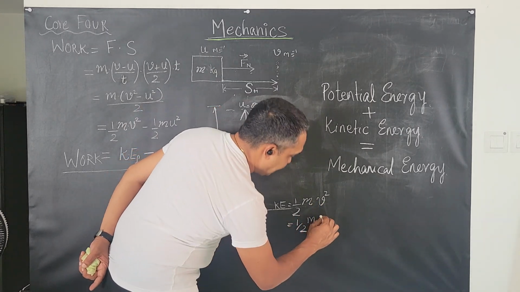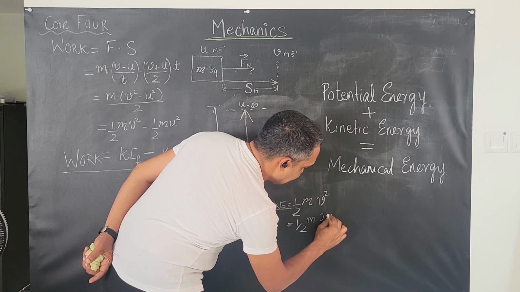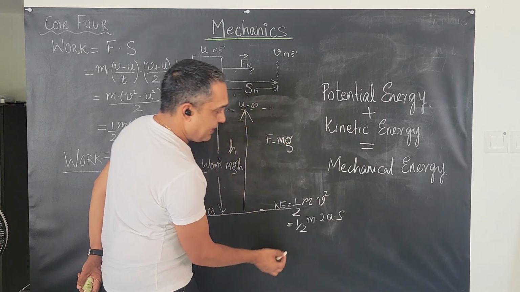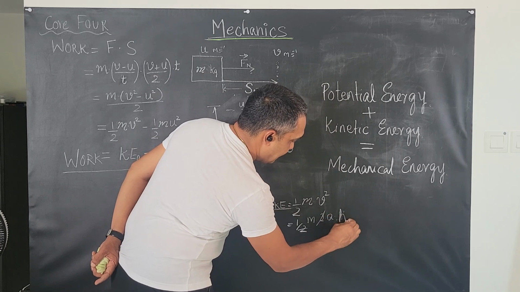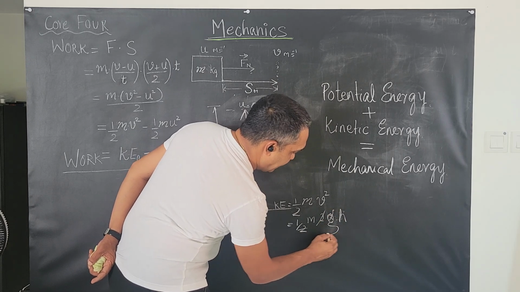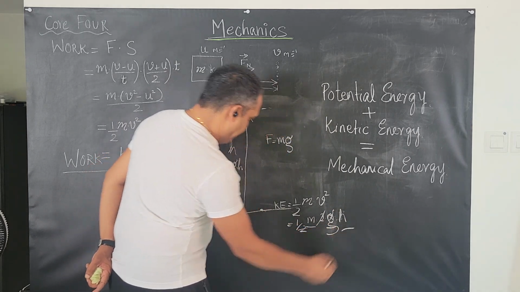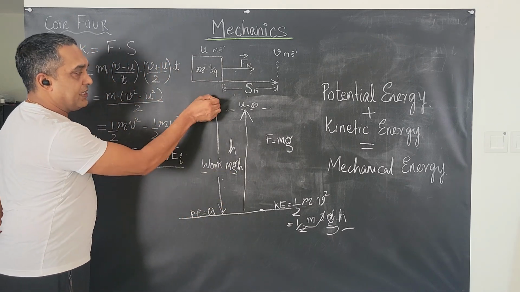That means what would I get here? I would get 2 times acceleration times distance. This 2 and this 2 cancel out. Distance here is h. Acceleration is nothing but g. mgh is the same work that I did in taking it up there.